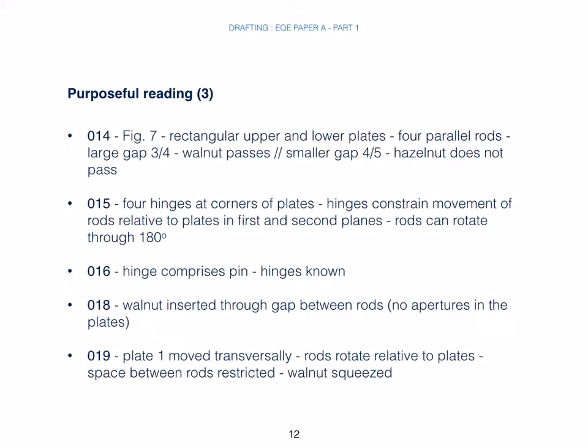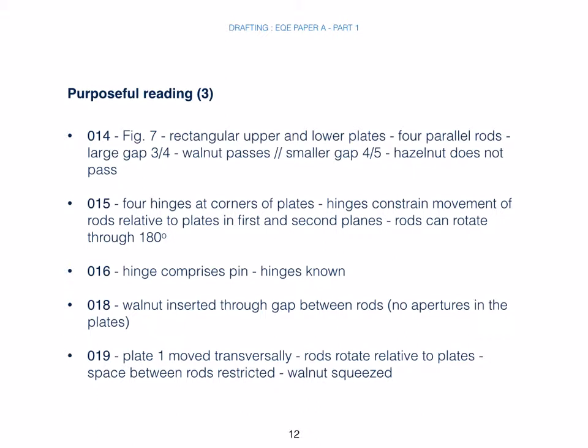And then we turn to paragraph 15, for which I have to turn over the page of the client's letter. And here there is further definition of figure 7, reading as follows. The upper ends of the rods 3, 4, 5 and 6 are attached to the plate 1 by means of 4 hinges 13, 14, 15 and 16.